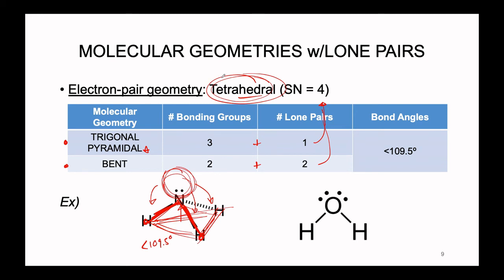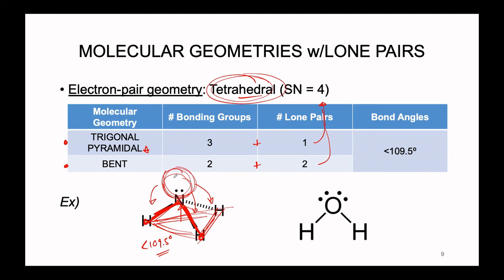Since a tetrahedral shape has a bond angle of exactly 109.5. But since we don't have another NH bond up on top, the distribution or the repulsion experienced between the lone pair and the bonds is slightly asymmetric, and so we're going to end up with a bonding angle just underneath 109.5.